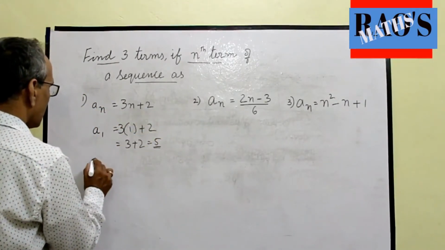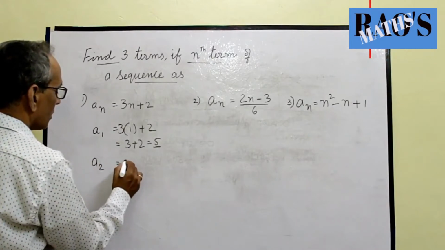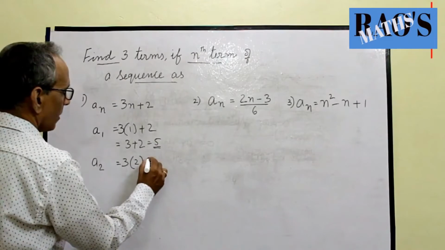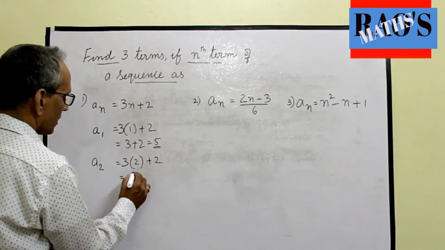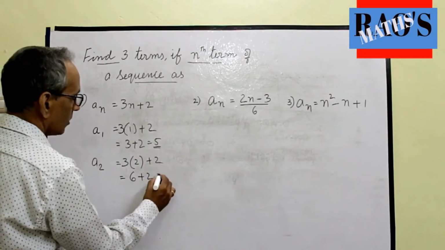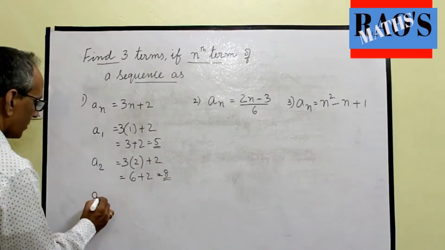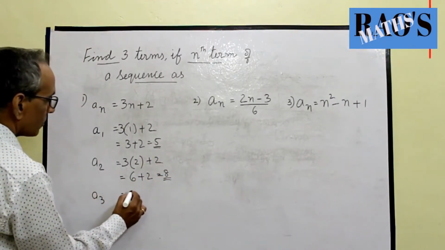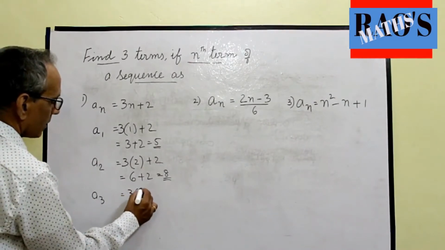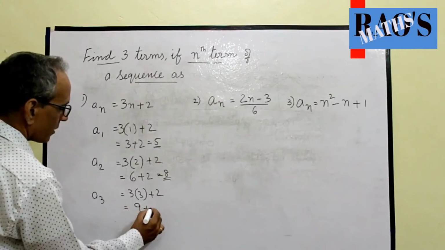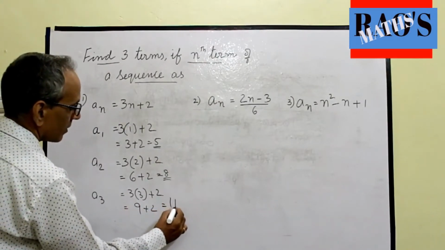Let's go for the second term. A2 is equal to, this time I substitute 2 in the place of n, 3 of 2 plus 2, that is 6 plus 2, 8. So 8 is the second term. Third term, A3 is equal to 3 of 3 plus 2. Of course, it is 9 plus 2 is equal to 11.